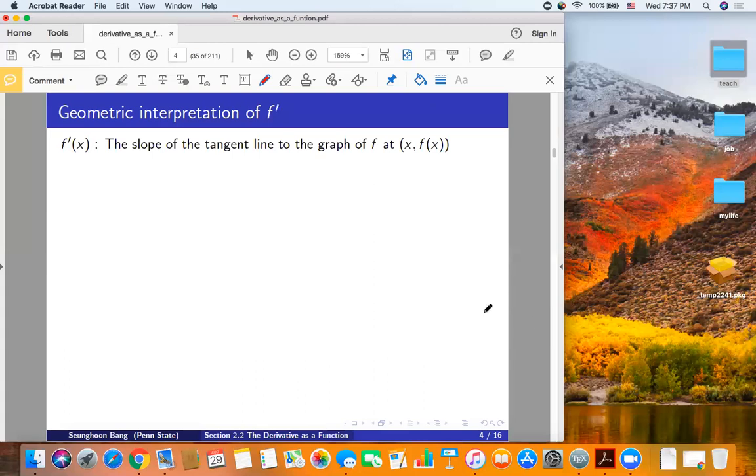So here we have one graph, y equals f of x, given. I can draw the graph of y equals f of x. The graph is like this.